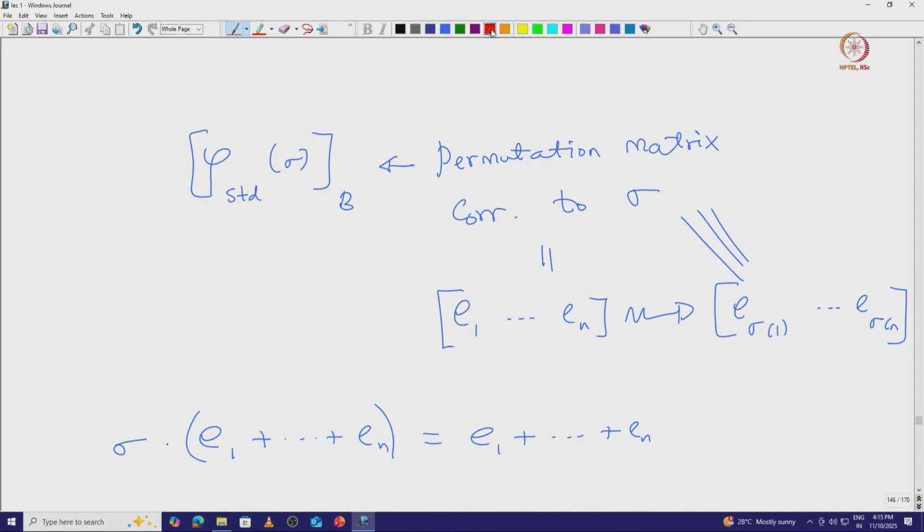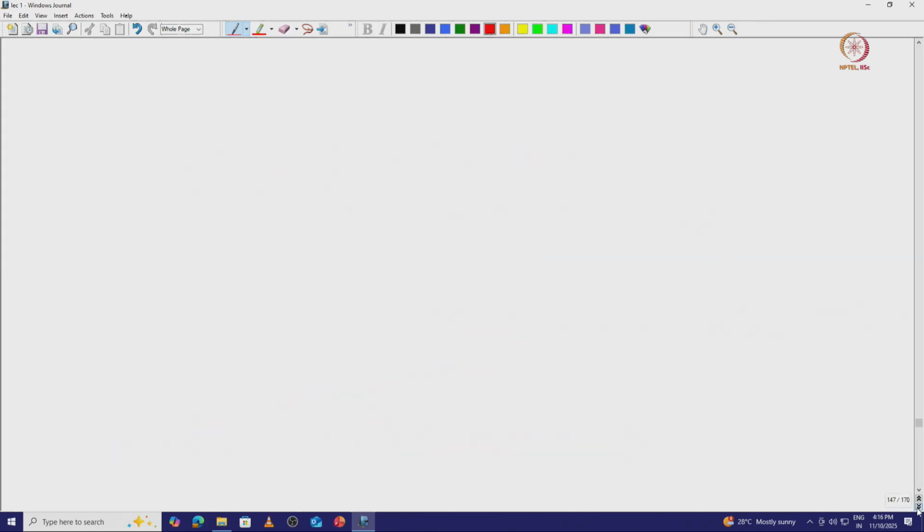So, this quantity is exactly equal to E sigma 1 plus etc. plus E sigma n, but sigma just permutes 1 to n, so by rearranging we get exactly E1 plus etc. plus En. So, the subspace spanned by E1 plus etc. plus En is indeed an Sn invariant subspace. So, this is indeed a sub representation of the standard representation Cn.